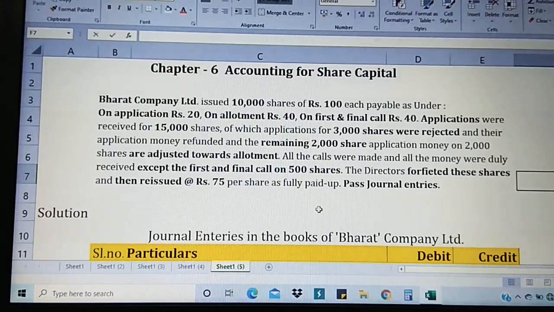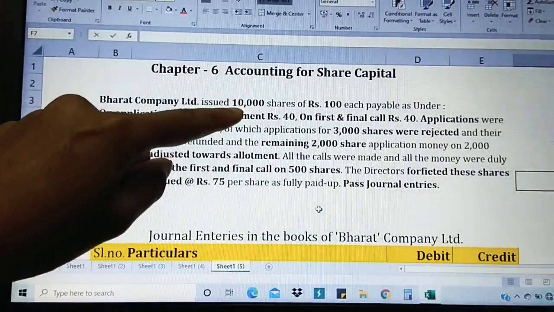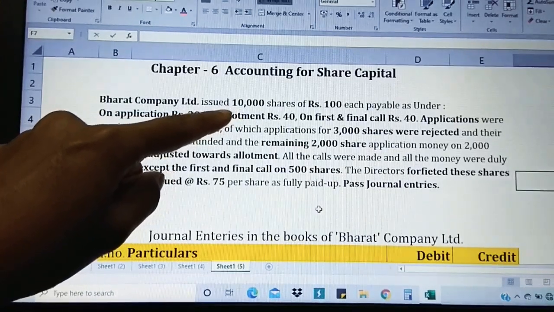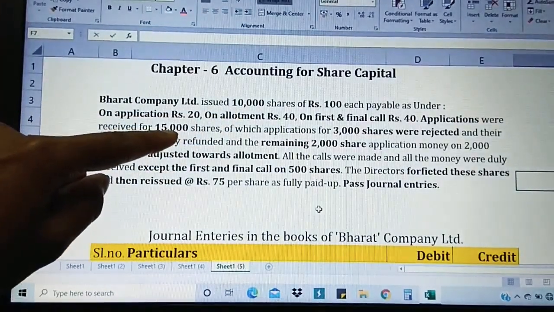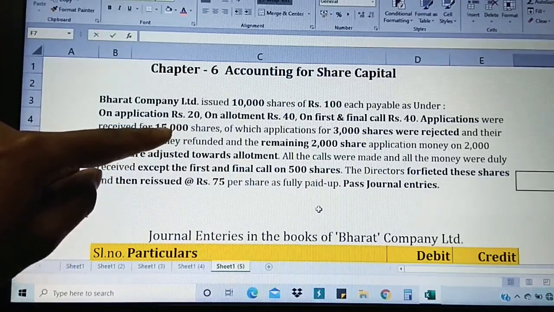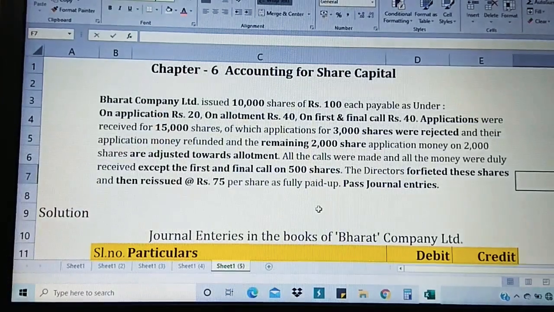Next, applications were received for 15,000 shares. Just observe, this is the one which I said is oversubscription. The company has issued 10,000 shares to the public, but the public has subscribed at the time of application for 15,000 shares, which means there is an excess of 5,000 which we had never expected.